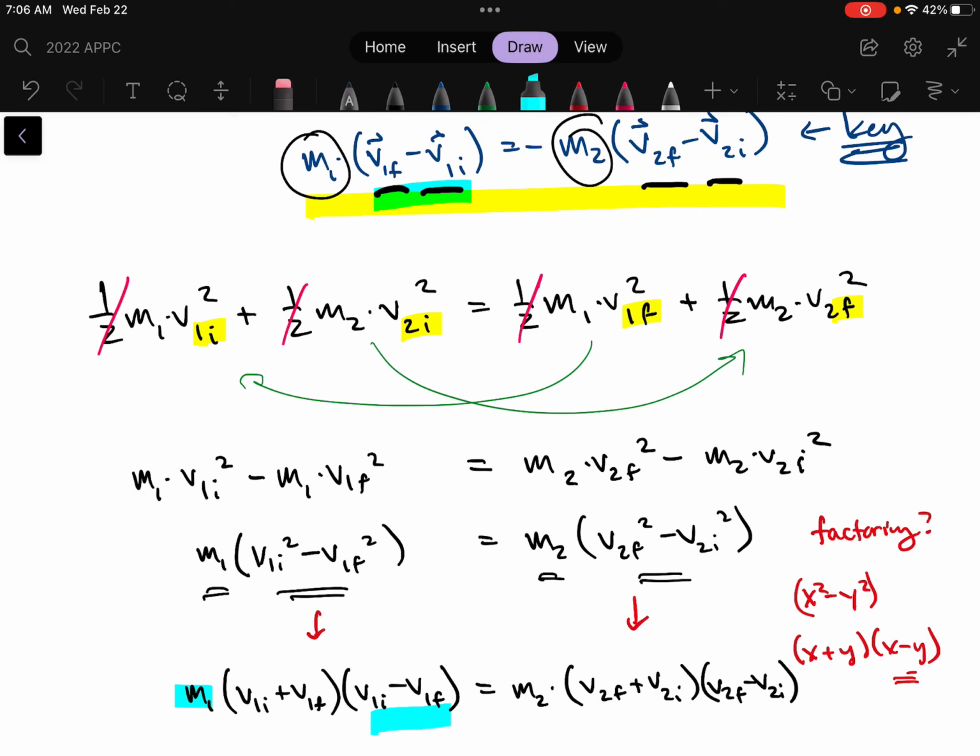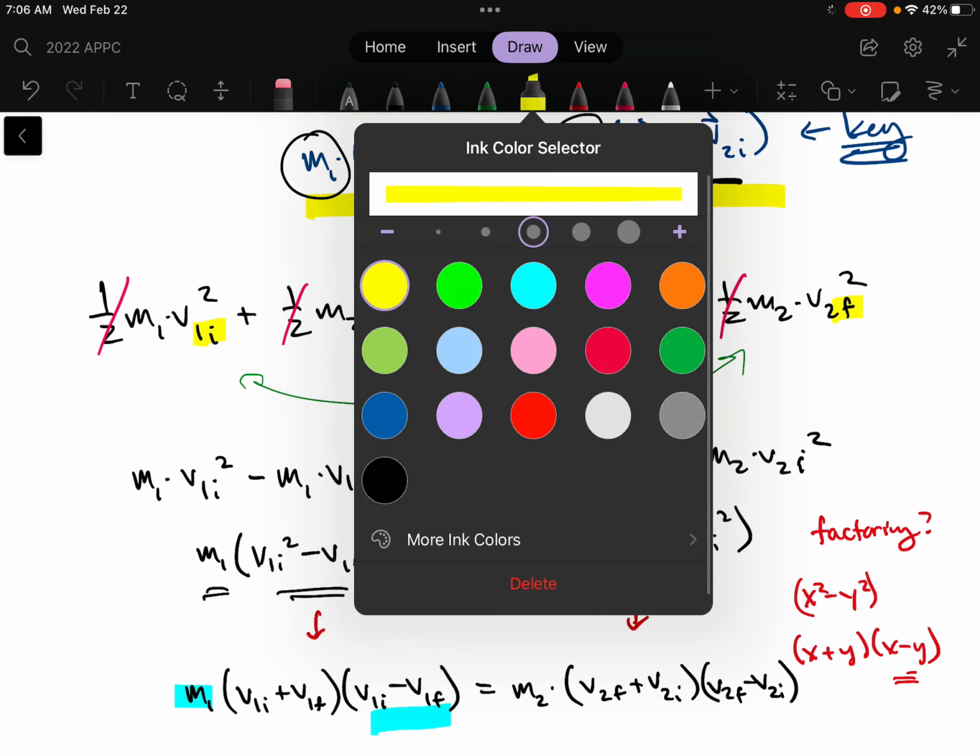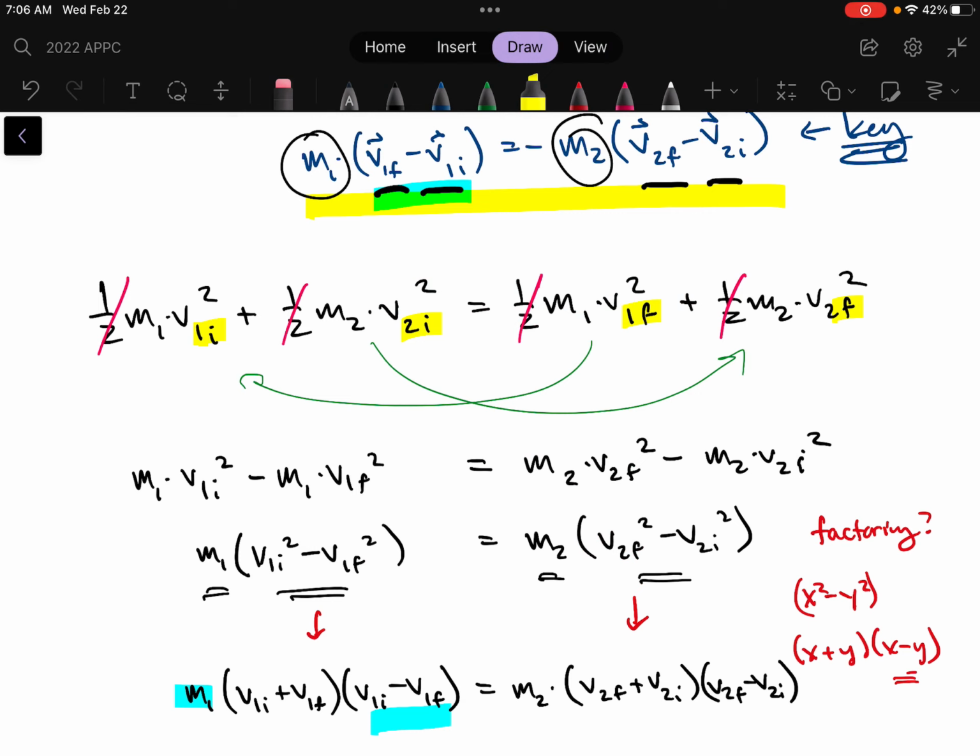And then on the right-hand side, I've got the M2, and I do have V2F minus V2I. So it looks like I've got everything on the right side of the equation I need to match up with what I've got from the momentum equation above, which, by the way, we're going to try to say two things are equal and we can just cancel them out.